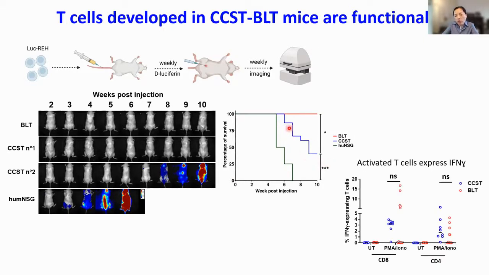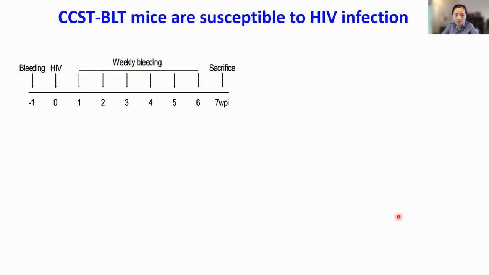We also wanted to see whether these T cells were able to make interferon upon mitogen stimulation. And indeed, as you can see from here, after PMA ionomycin stimulation, the T cells in CCST mice were just as capable of making interferon gamma as the T cells in BLT mice.